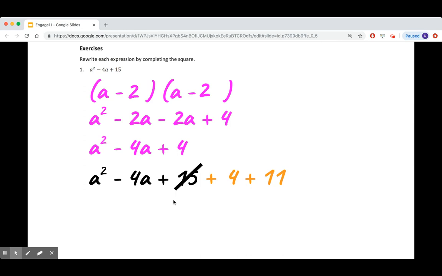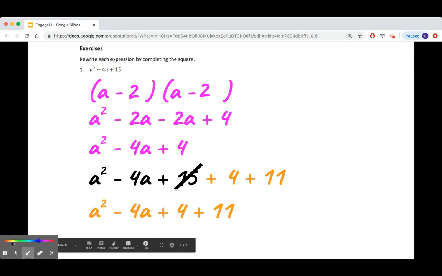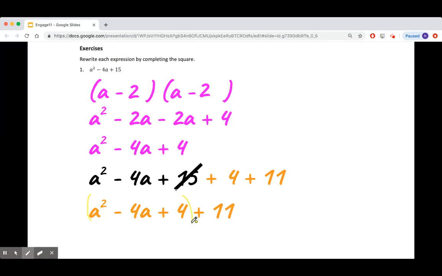I know that plus 4 plus 11 is exactly equal to plus 15. It's just written a little bit differently. However, now that I have a squared minus 4a plus 4 as a part of my expression, I can convert these terms into factored form. I end up with a minus 2 squared plus 11.